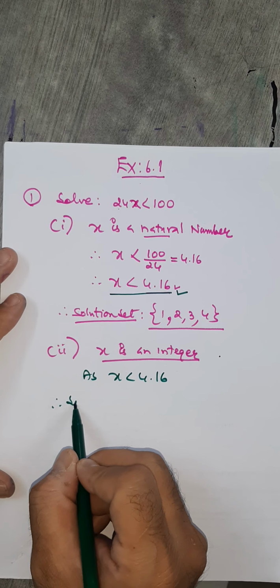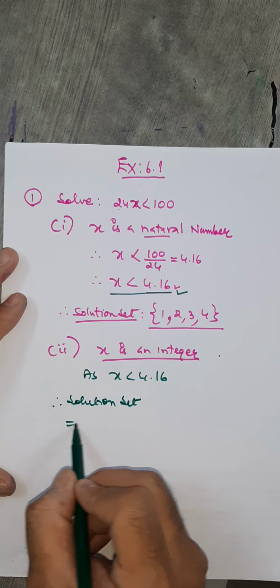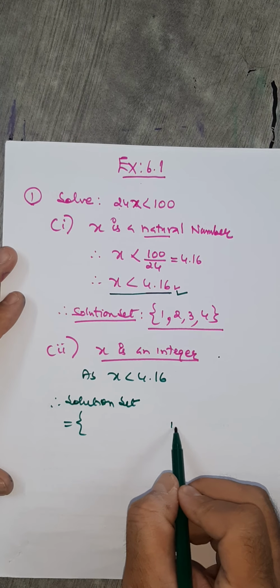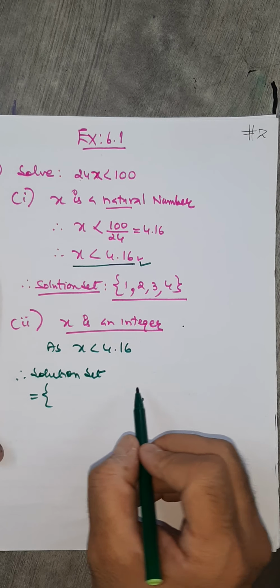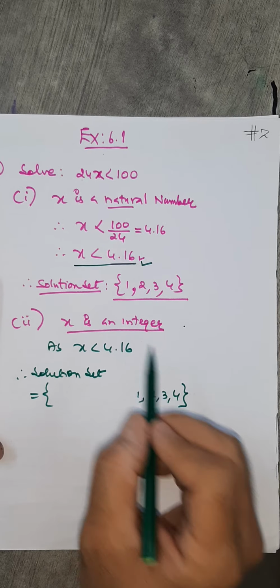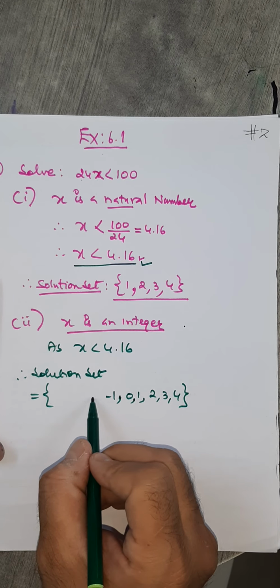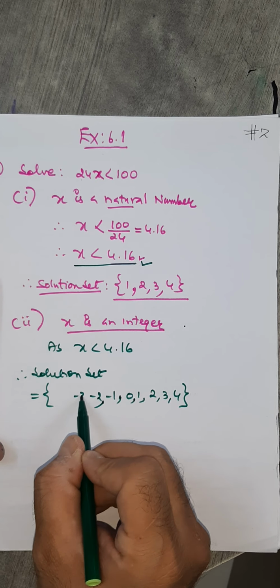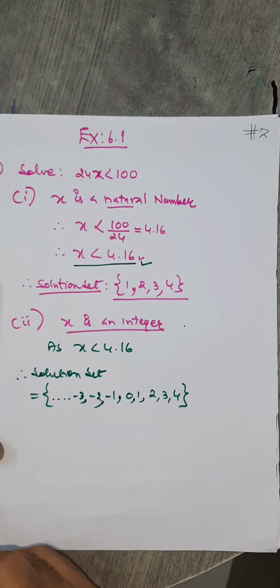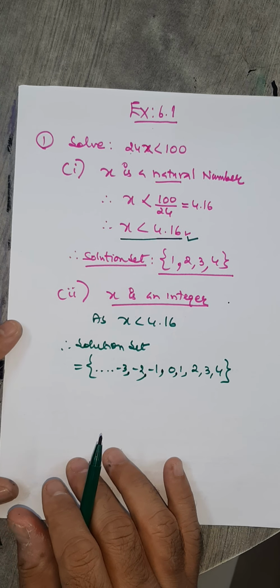What is the solution set here? Possible values of x are 1, 2, 3, 4, maximum 4. On the other side you may have 0, -1, -2, -3 and so on. There are infinitely many values.